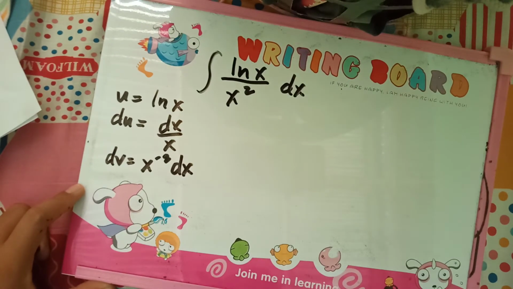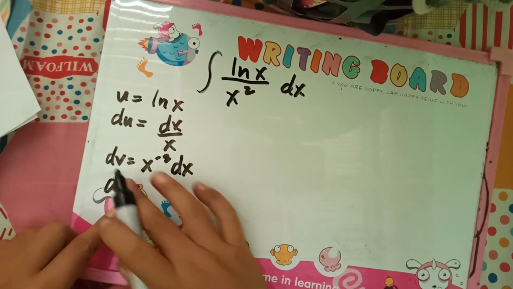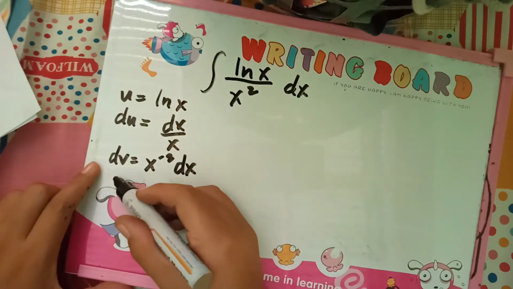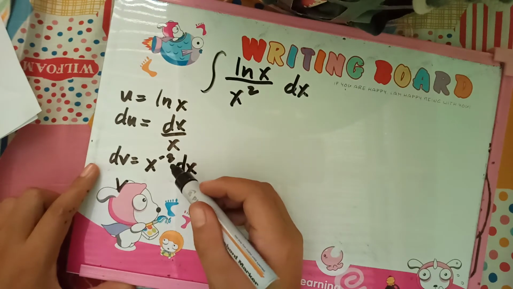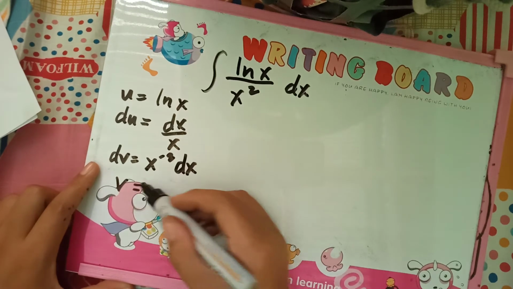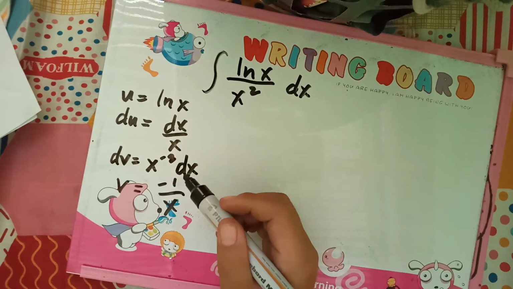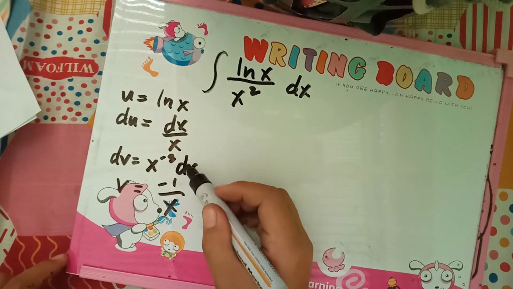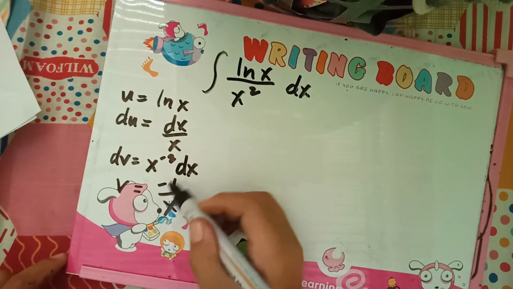Yan. And your du, what is the derivative du? Your dv. Your v. What is the integral of x raised to negative 2? So, magkakaroon tayo ng v will be negative 1 over x. So, diba, plus 1 over negative 2 plus 1.